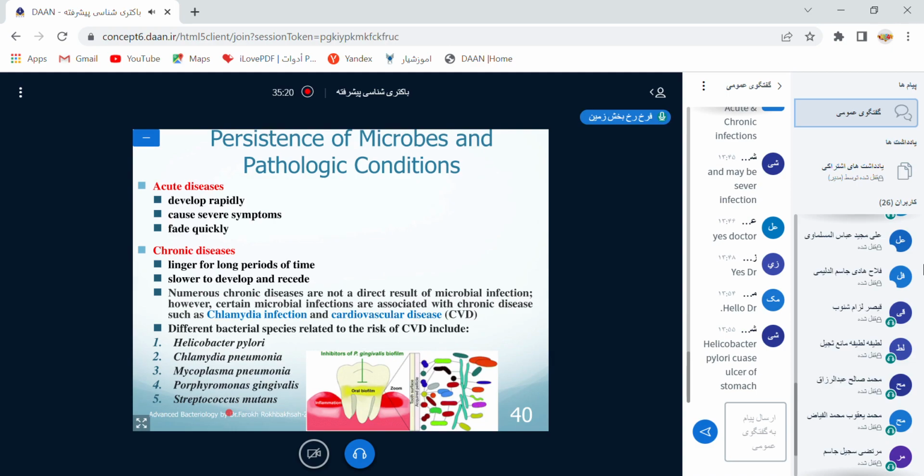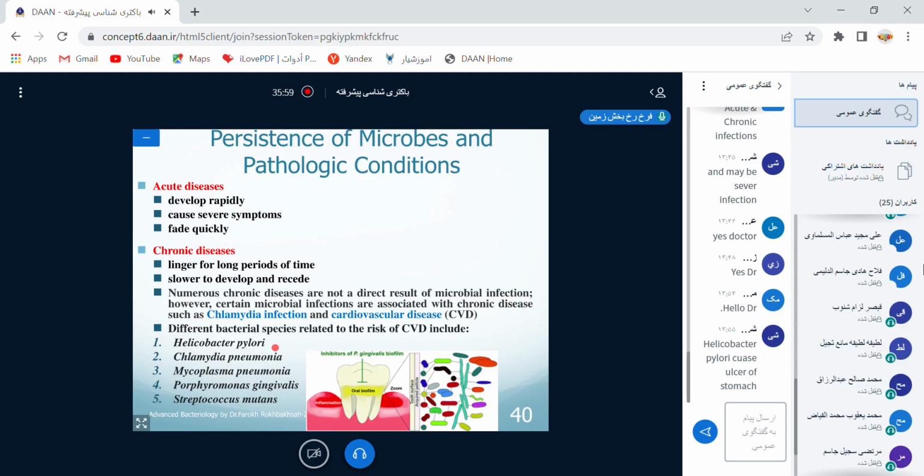Streptococcus mutans and the others produce infection of the teeth, but when they are present for a long time on different teeth of the person, they can slowly attack the heart and produce cardiovascular disease.